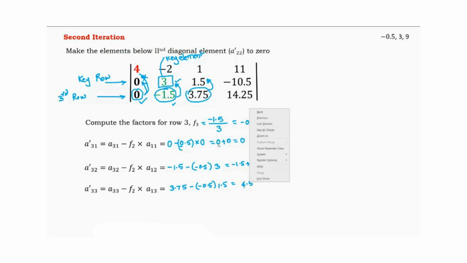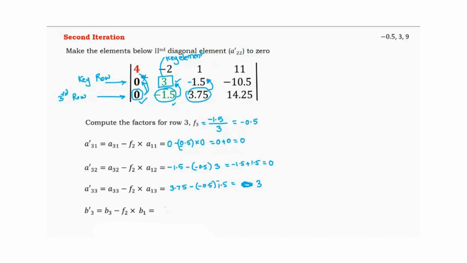Just a minute, sorry, this is minus. So this means 3.75 minus 0.75, which gives you 3. This is 3.